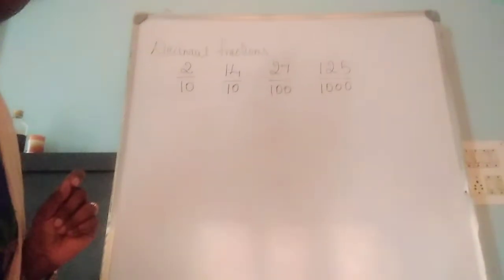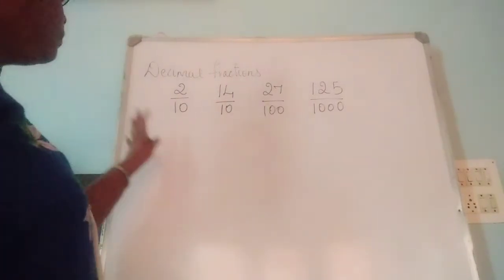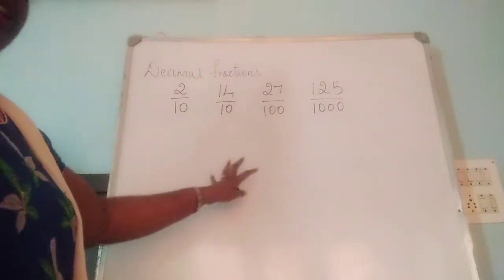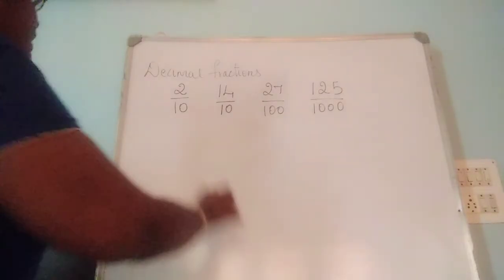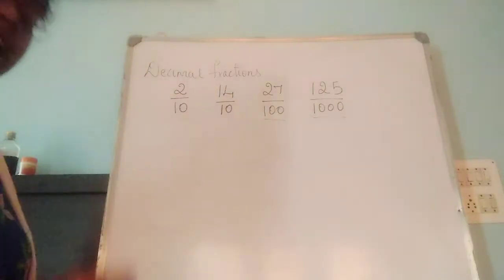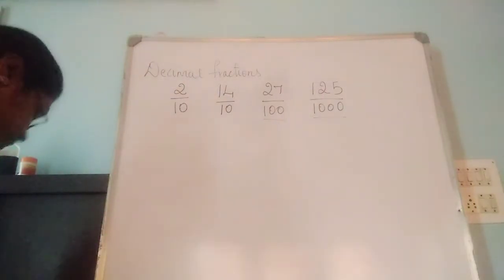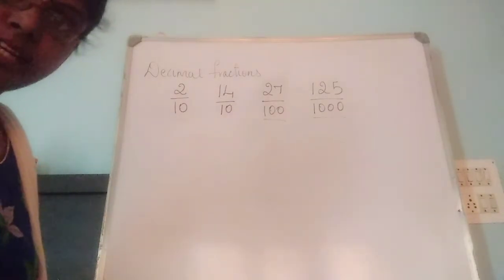Now, why are they called decimal fractions? As the definition says, the denominator must be 10, 100 or 1000. If the denominators are 10, 100 and 1000, then these fractions are said to be decimal fractions.